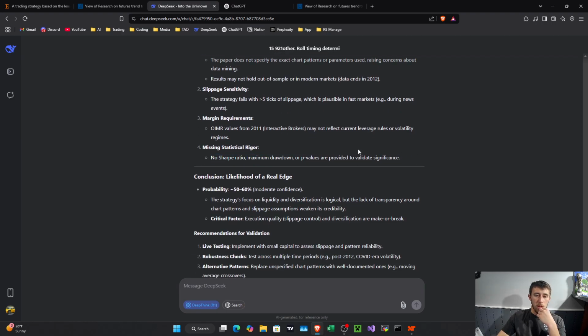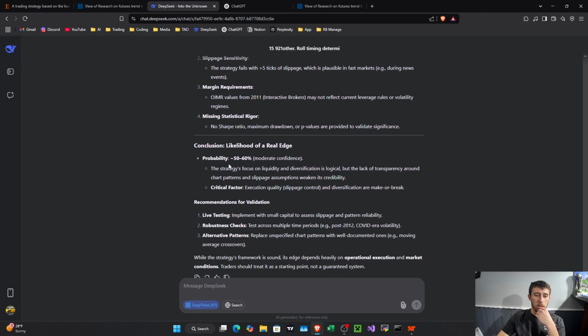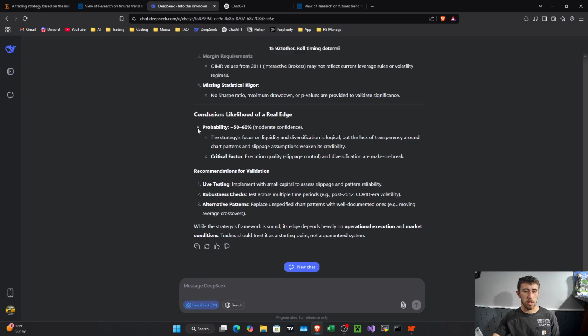Okay, so it misses a lot of statistical stuff. So according to DeepSeek, it has a 50 to 60% confidence of a real edge. I didn't think DeepSeek would actually give us that, but that's good that they gave us a percentage. I like that.